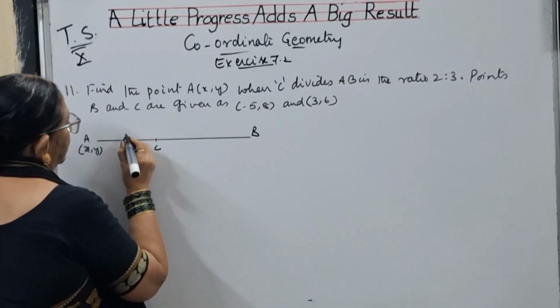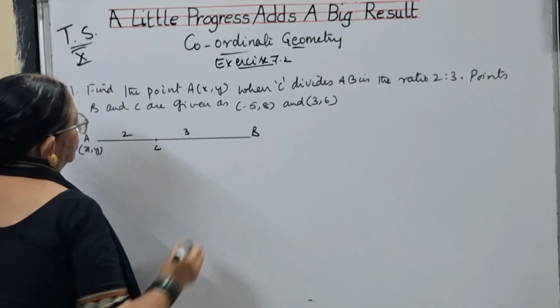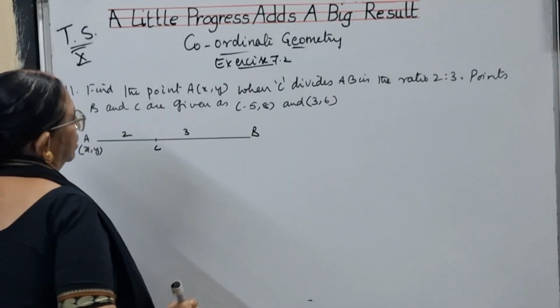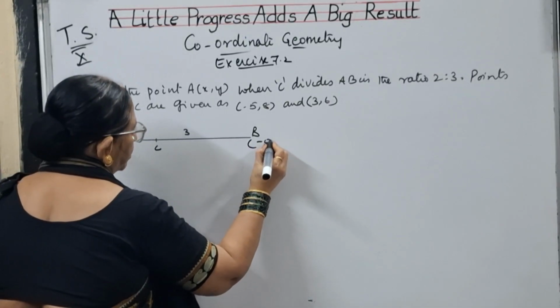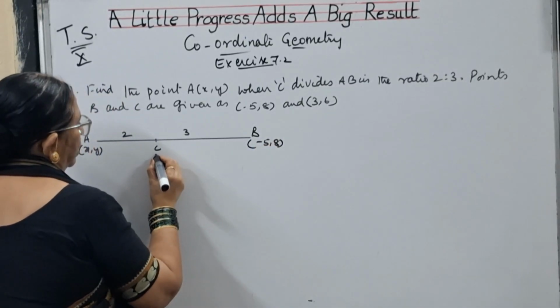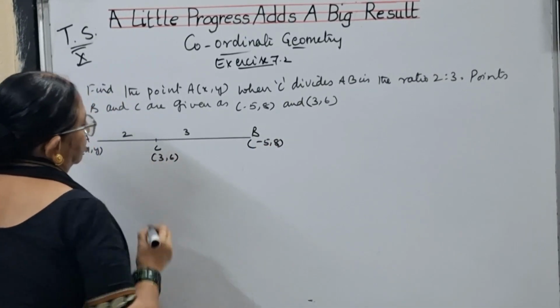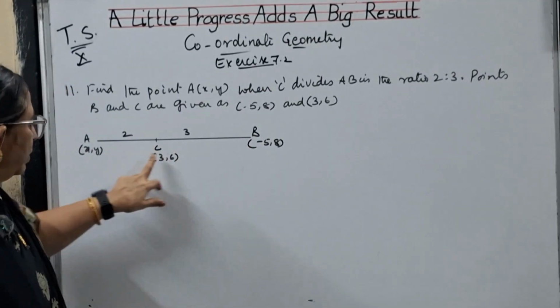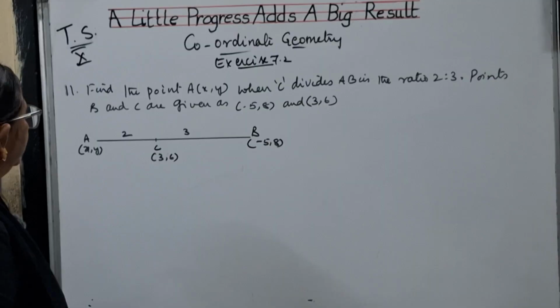This is C. It is dividing AB in 2:3 ratio, and points B and C are given as B is minus 5 comma 8 and C is 3 comma 6. So this is the figure, children. AB is divided by C in 2:3 ratio.